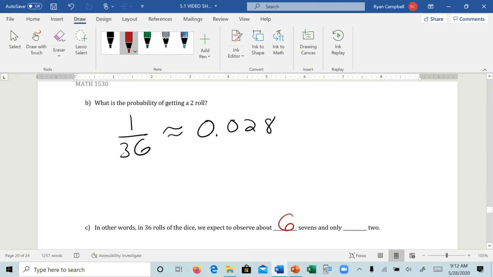Same thing here. Out of 36, we would expect 1 roll. Or again, if you multiplied this decimal by 36, you would get 1.008, which again would be 1. So that's another reason why fractions are good: out of 36, 1.